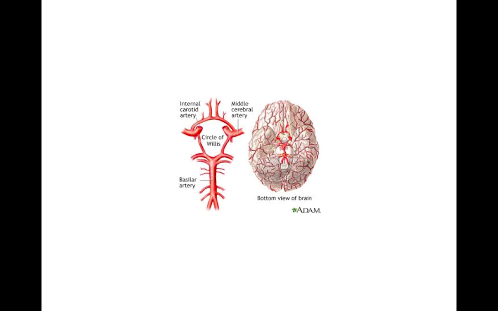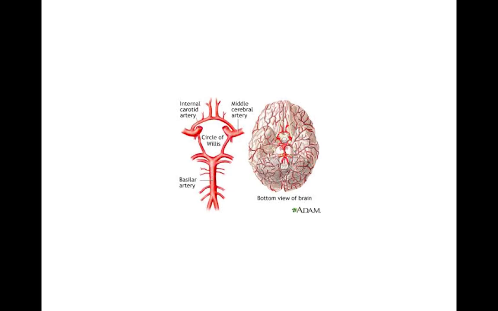Coming to the brief note on the blood supply. You see there is the vertebro-basilar system in the posterior circulation and the internal carotid system in the anterior circulation. This is the circle of Willis formed by the communication between the vertebro-basilar system and the carotid system.